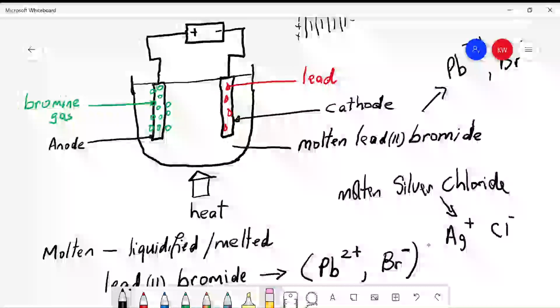So the chloride will be deposited at the anode. So we'll have chlorine gas being given off, and in this case we'd have silver being deposited here. So when we have molten, that's the liquefied version, we can clearly tell what's going to be deposited by looking at the available ions. We only have silver and chloride.